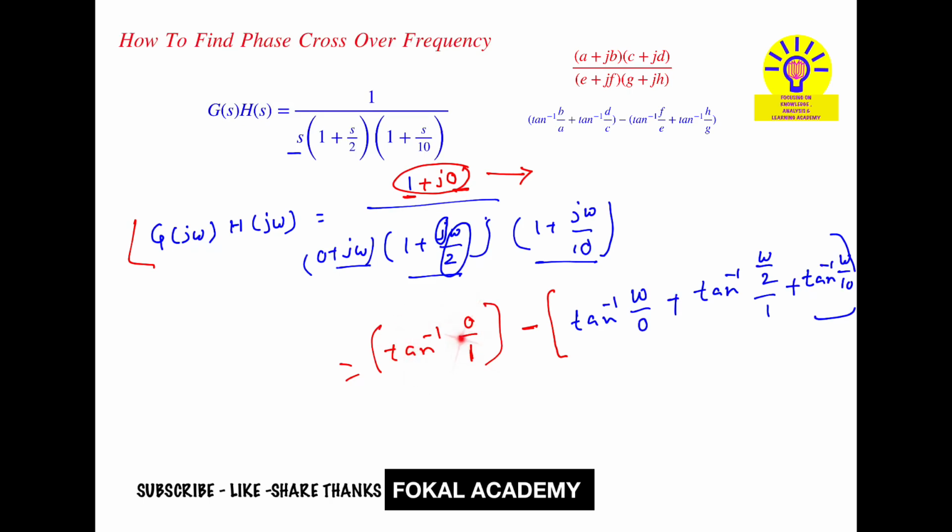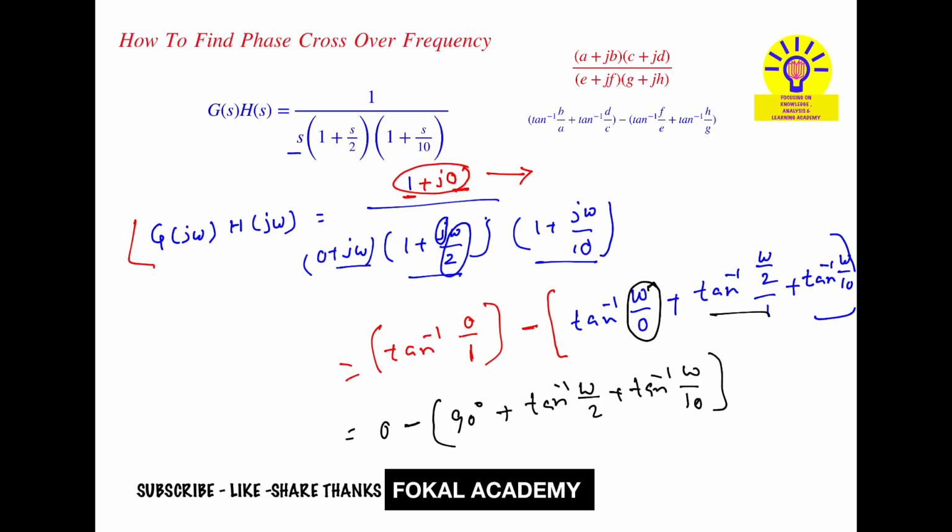Anything by 0 is infinity, so it becomes 90 degrees. So it is 0 minus 90 degrees plus tan inverse of omega by 2 plus tan inverse of omega by 10.